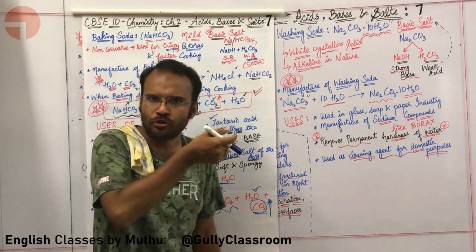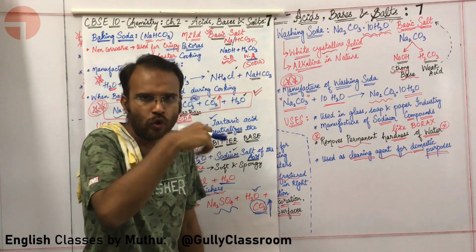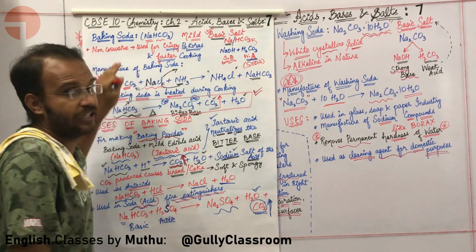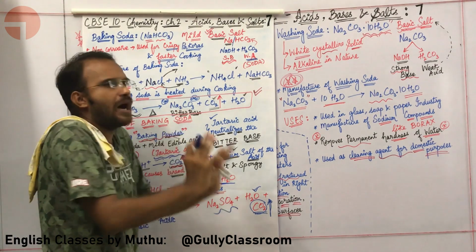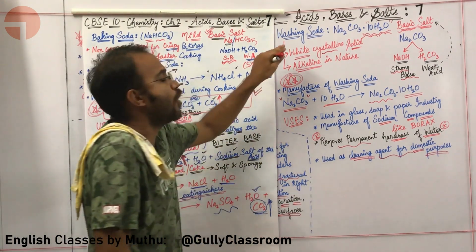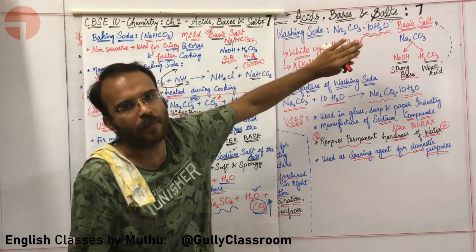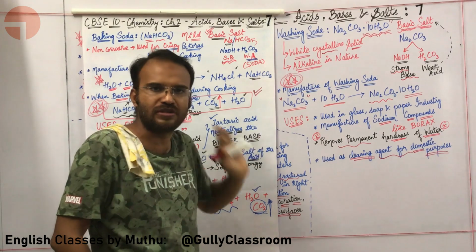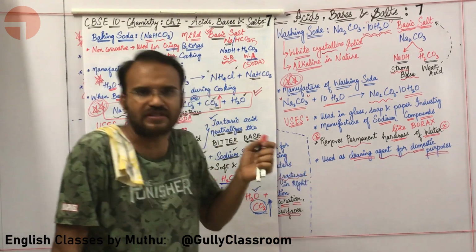What are you going to teach us in this particular lecture, sir? We are going to look into what is baking soda, how to manufacture baking soda, what are the applications of baking soda. We will also study how to manufacture washing soda and its properties as well as its uses. Finally, we will study what is water of crystallization.